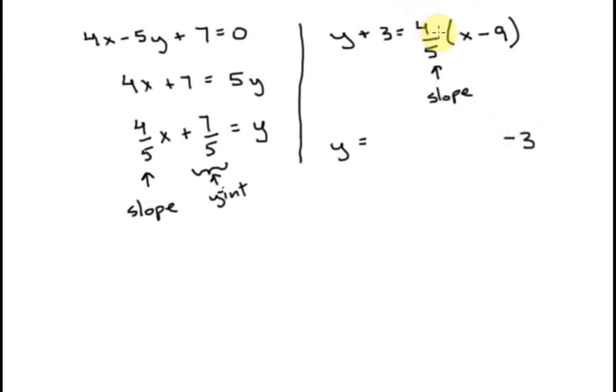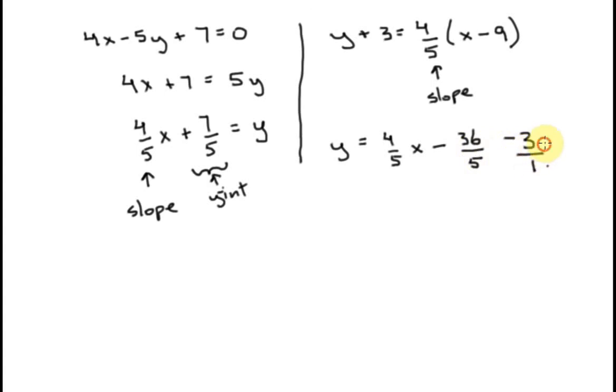At the same time, I'm going to expand out these brackets here. So 4/5 times x. Then it's going to be negative 4/5 times 9, so that's going to be 4 times 9 and then a 5 on the bottom. Now, in order to see what the y-intercept is, I got to put these numbers together.